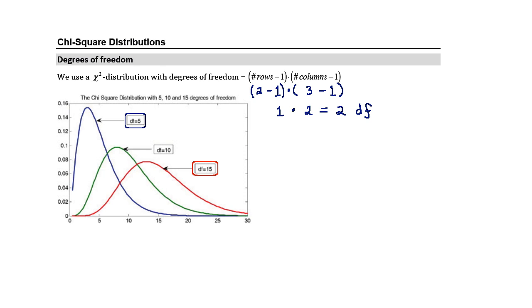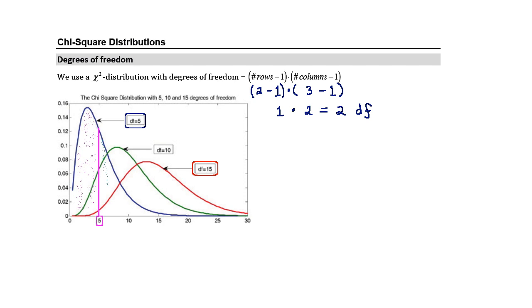An interesting fact about these distributions is that the mean of the distribution is equal to the degrees of freedom. So for example, if I look at 5 degrees of freedom, I can see that if I find 5 on the horizontal axis here and trace up to the curve with 5 degrees of freedom, I have hit the approximate center of that distribution, meaning that roughly half of it is on the left and roughly half of it is on the right.